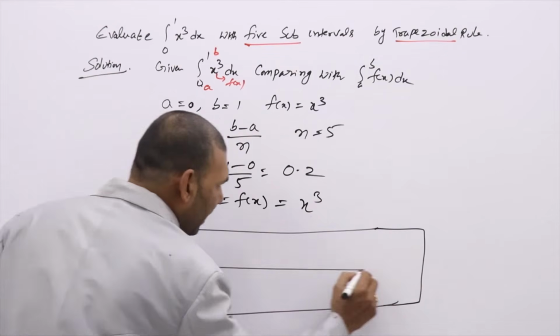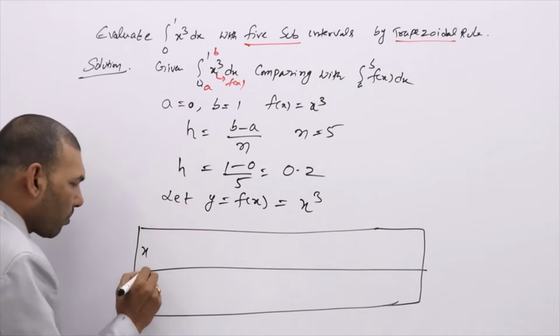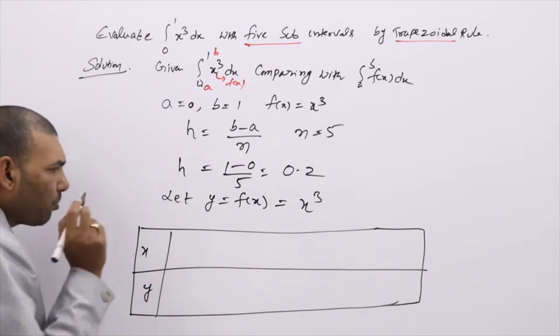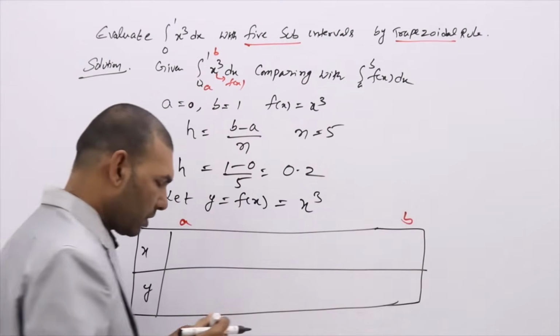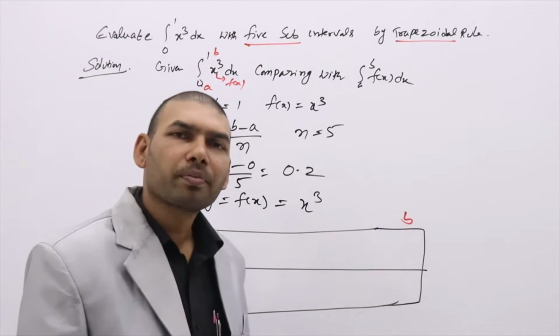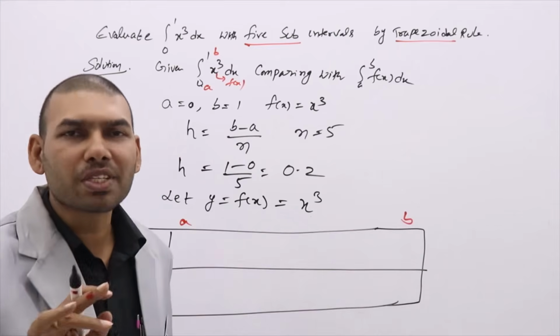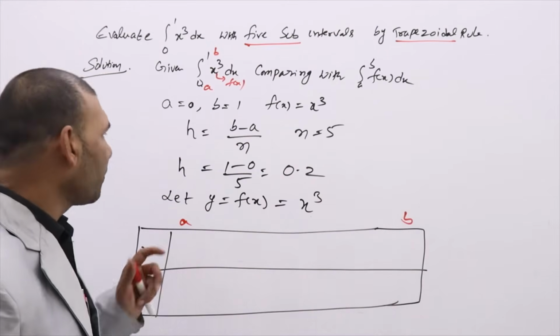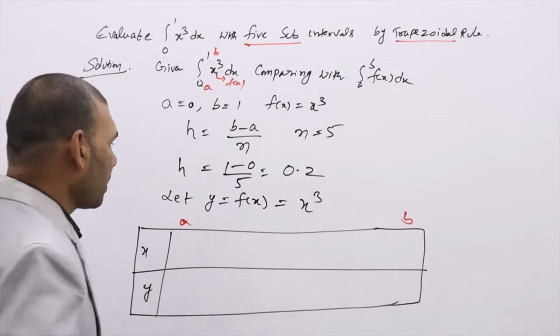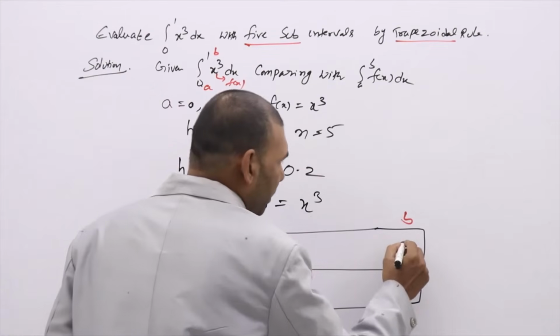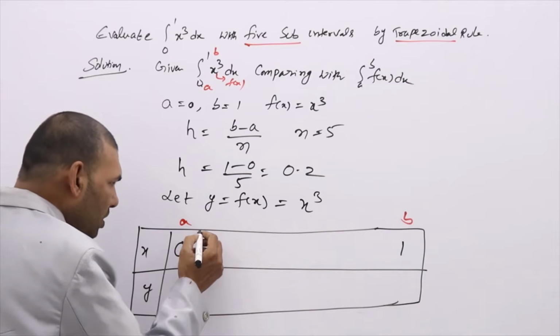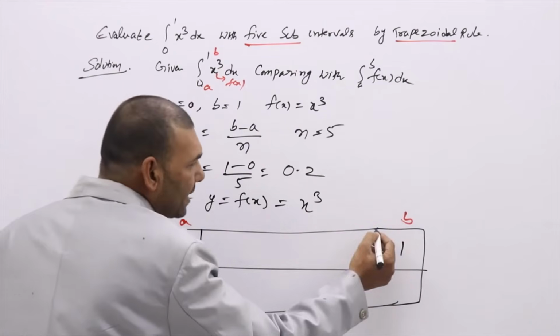This table starts with a and ends with b. Every table in trapezoidal and Simpson's 1/3 and 3/8 starts with a and ends with b. So a is 0 and b is 1.